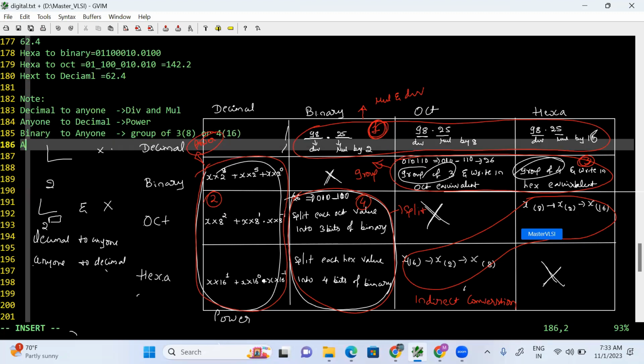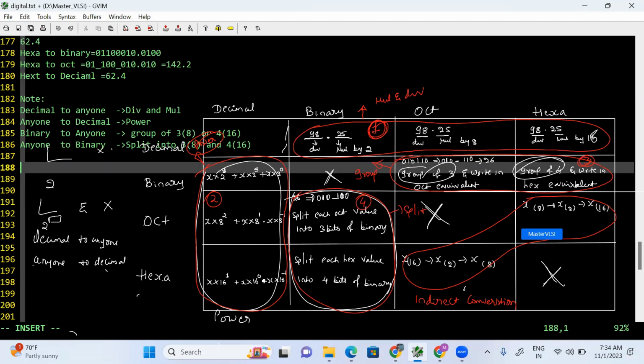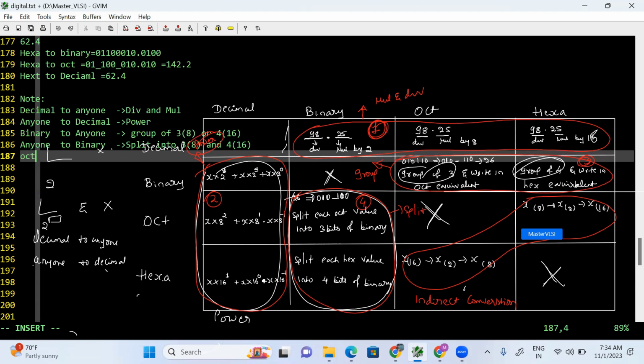Next, any one to binary, split into 3 for 8 and 4 for hex, correct? Clear? Okay, you can correct me. And only then you need to remember octa to hexa or hexa to octa.